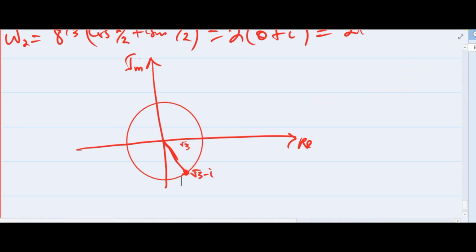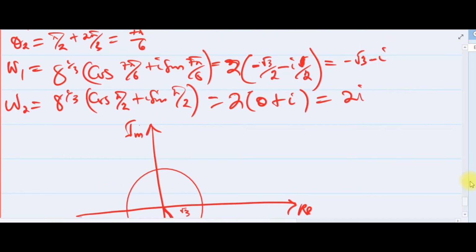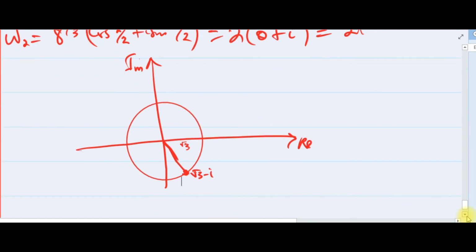The second one is minus root 3 minus i. So that's the same here, minus root 3 minus i. It is a circle. Remember, our modulus is 2.